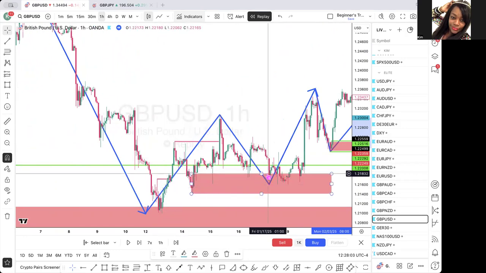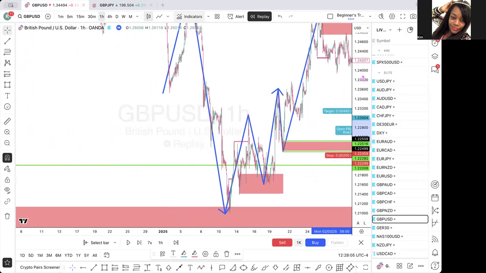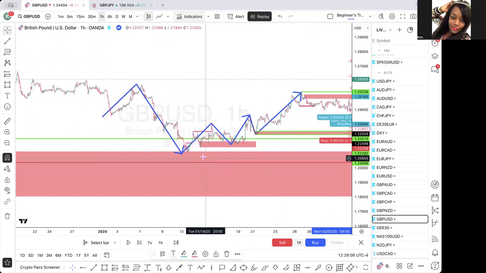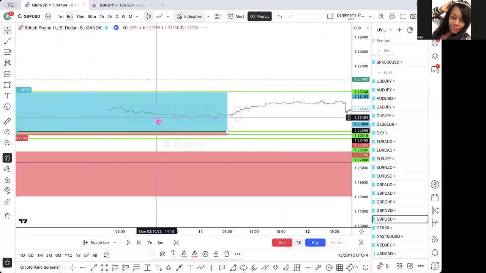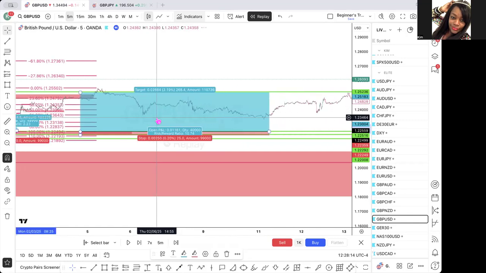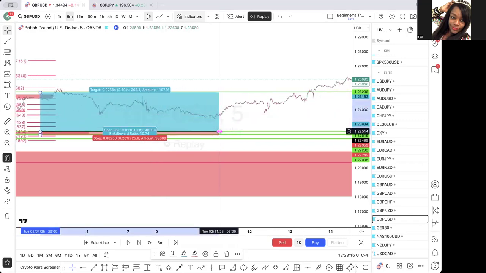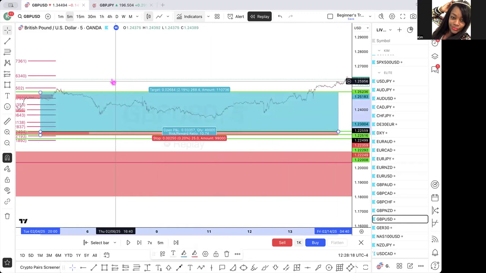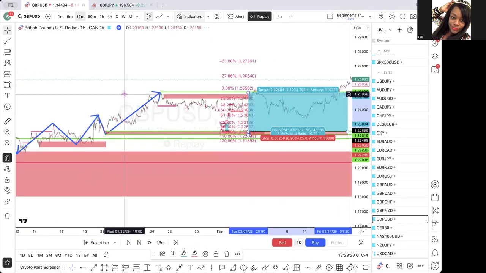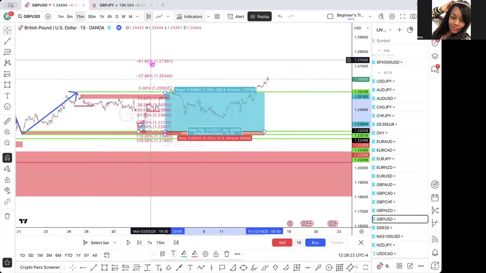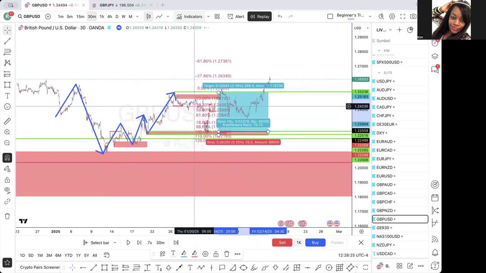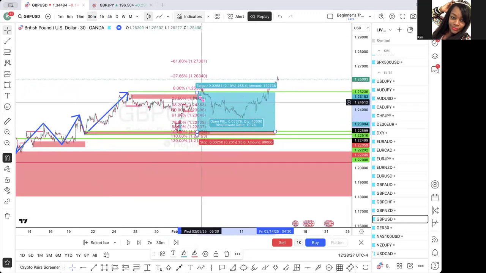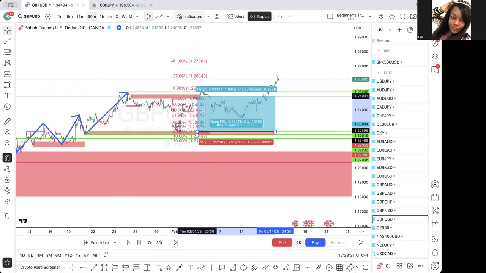Where was that? It's up in here somewhere. Hold on, let me go back to the 5. Because I can't see it. 15, 30 minute. Okay, so you could have gotten in here and taken it up to this high.